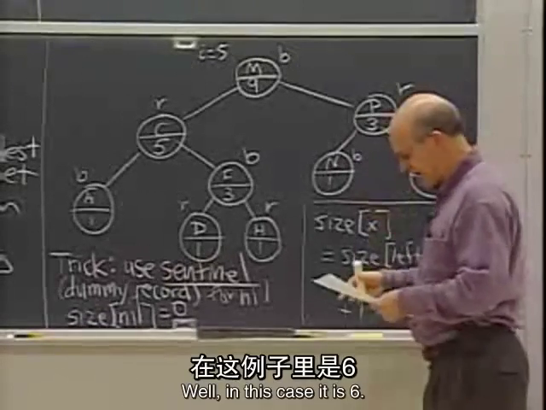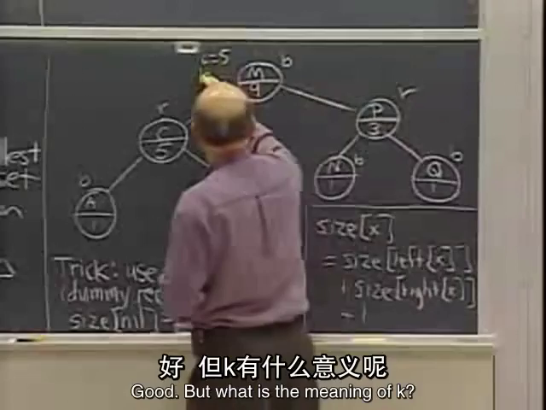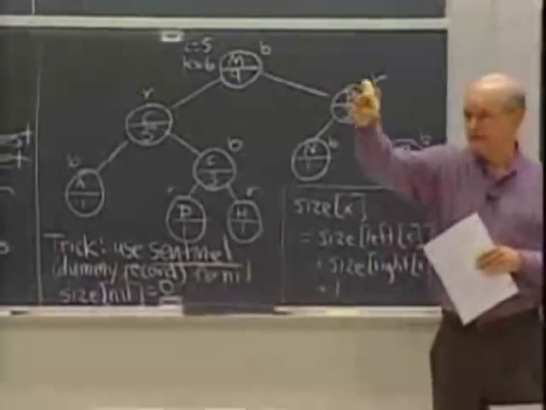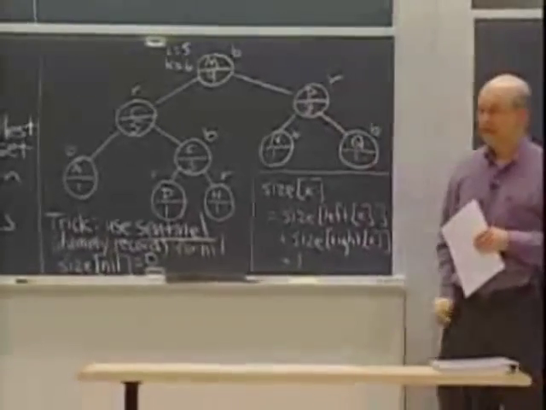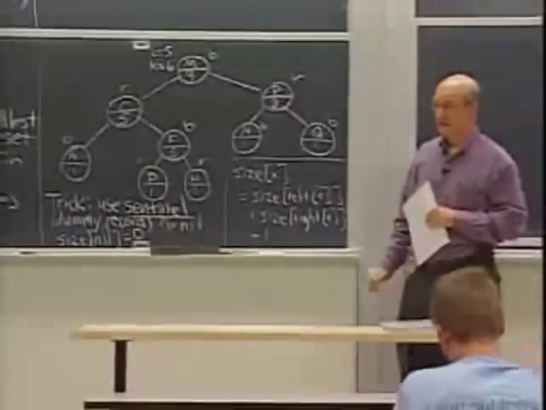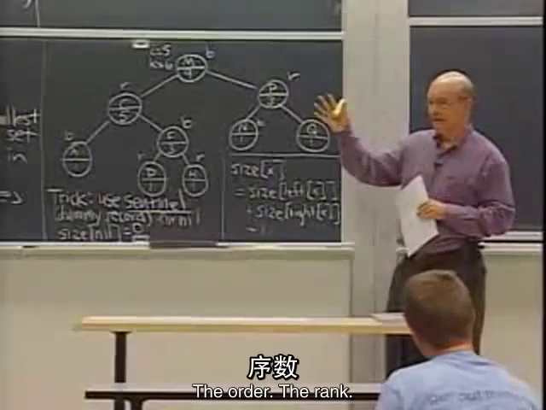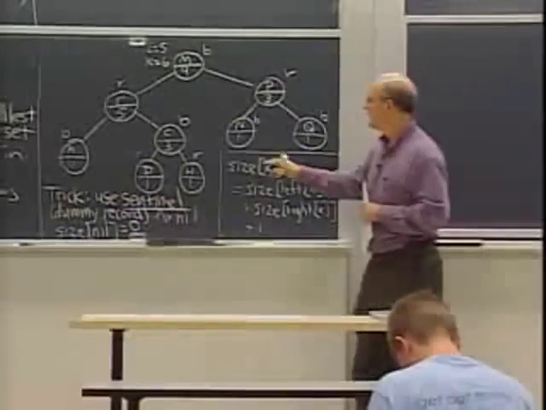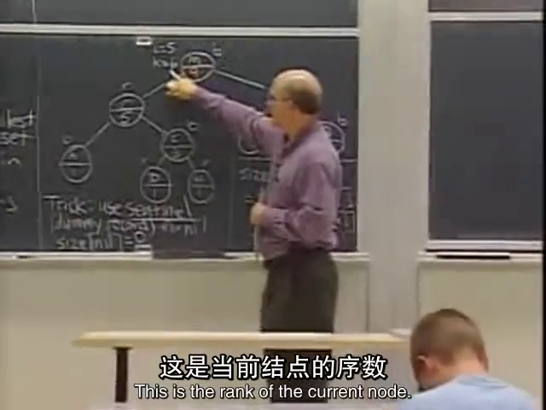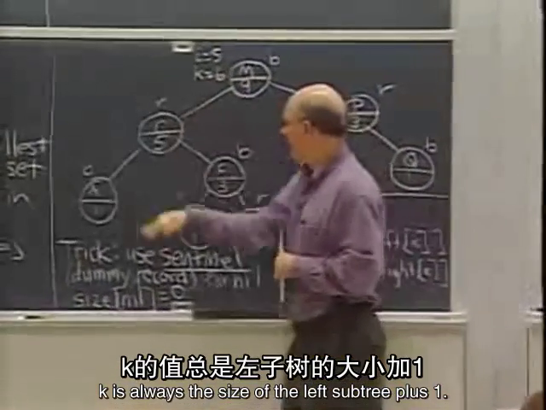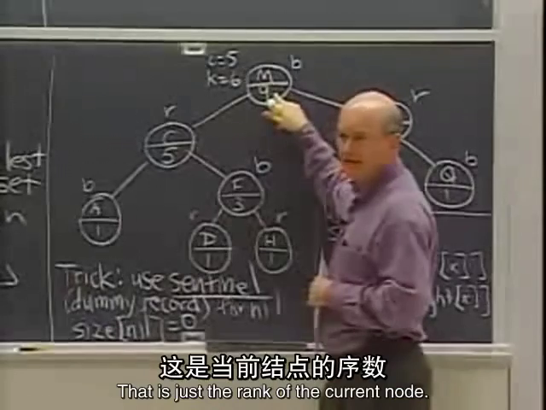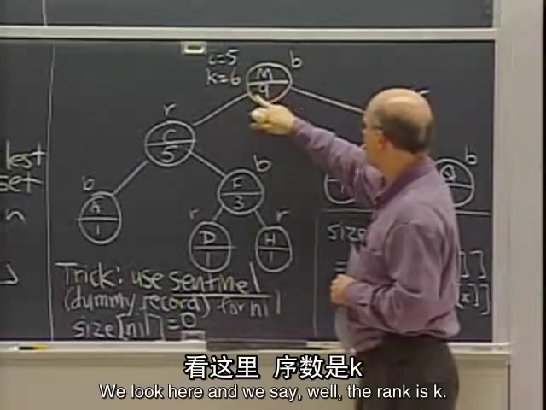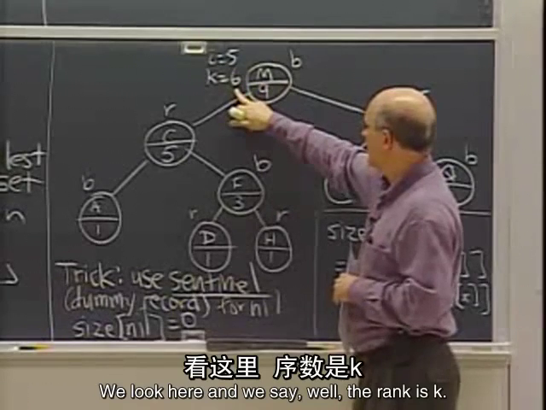Well, in this case, it's 6. Good. But what is the meaning of k? The rank. Good, good. The rank of the current node. So k is always the size of the left subtree plus 1. That's just the rank of the current node. So we look here and we say, well, the rank is k.